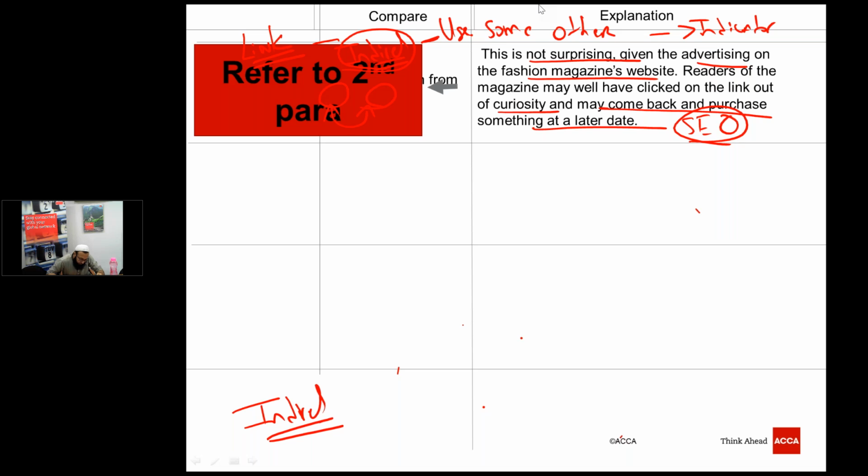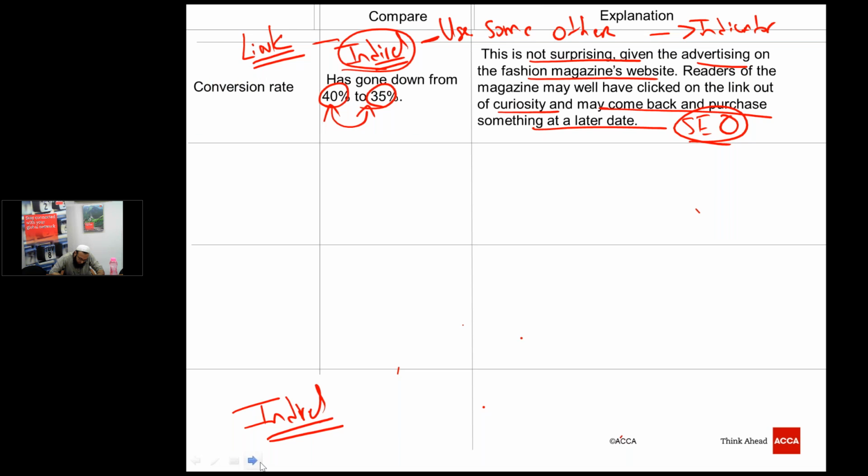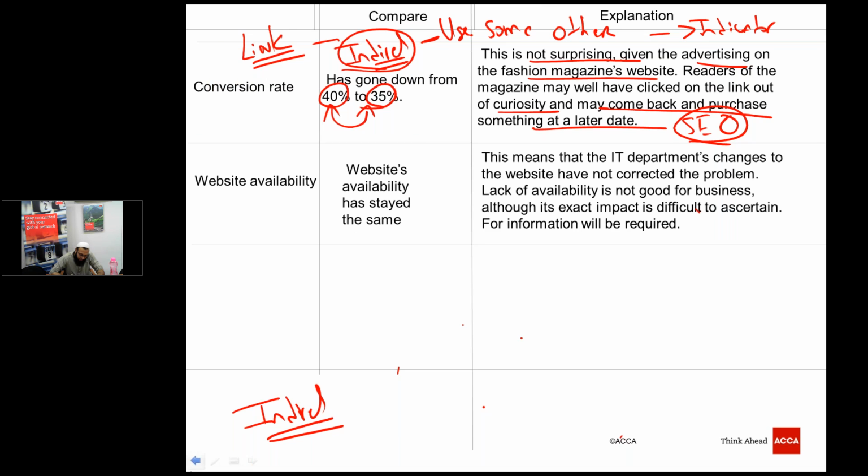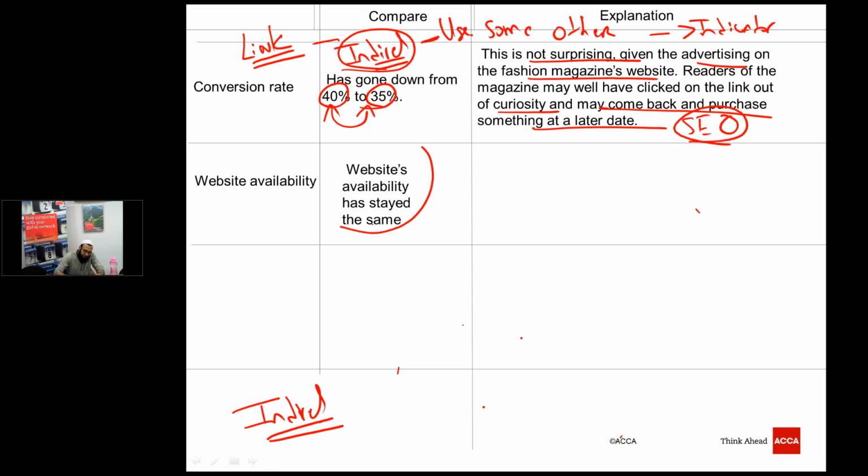Now, we need to just wind this up. So, can you tell me about website availability? It remained the same. Why did it remain the same? It didn't change.